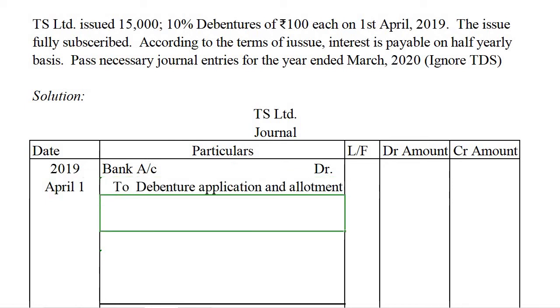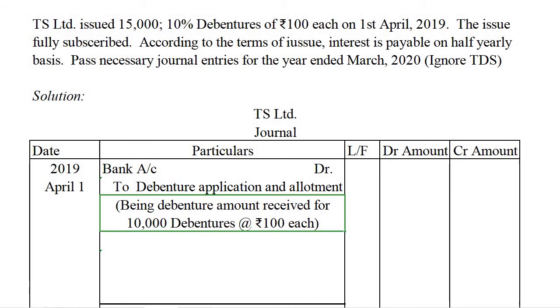The narration is: being debenture amount received for 15,000 debentures at the rate of rupees 100. So 15,000 debentures are there at the rate of 100.